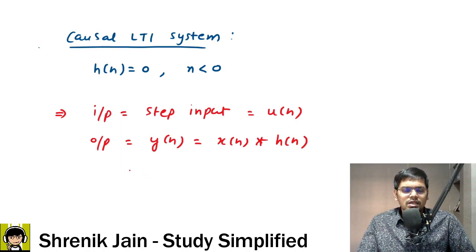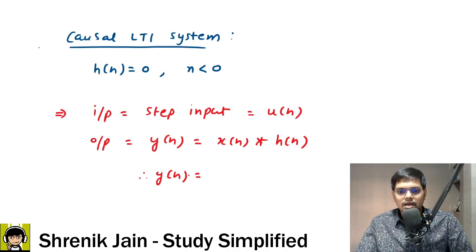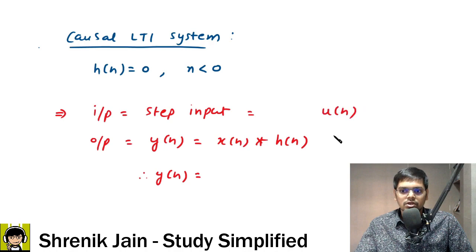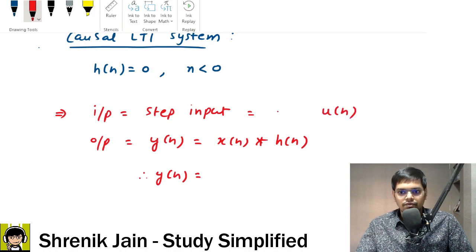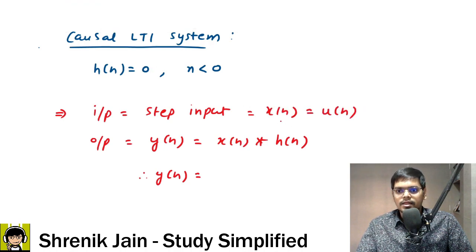Step response is generally denoted by s of n. Nevertheless, just for the notation, if you want to write s of n, that's okay. I'm just writing y of n as the output. The input we generally write as x of n, and that is equal to u of n.